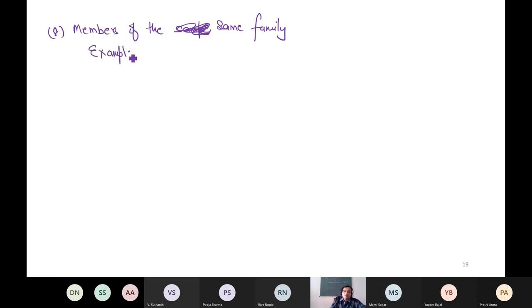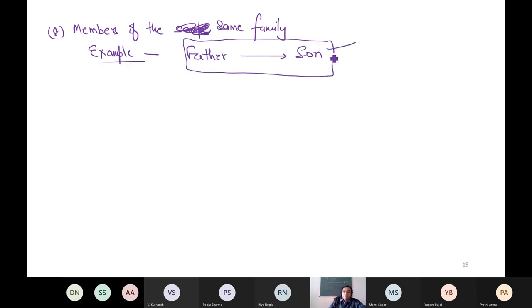And last, when these people are members of the same family, like father, son, supply.